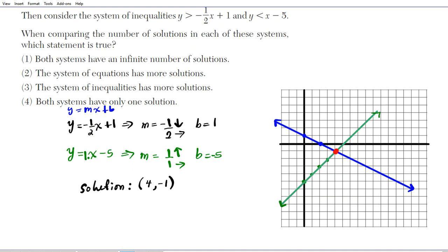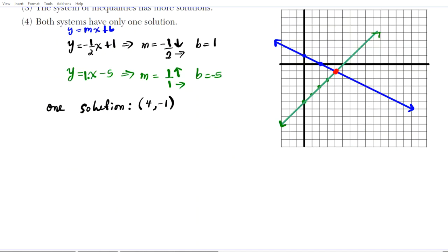Now, how about the system of linear inequalities? Well, similar to this, we're graphing the same lines, but we're just going to apply effects. We're going to shade and break lines and stuff like that. Okay? Alright, so let's go ahead and graph the second one. We're going to do the first one in blue. y is greater than negative 1/2 x plus 1. This one has the same slope as the first one, negative 1 over 2.